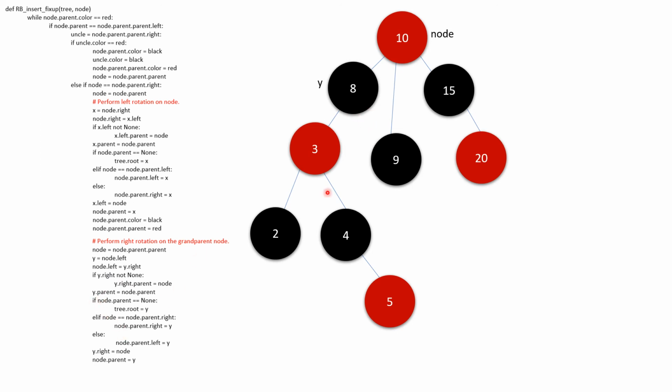Y's parent equals the node's parent. Look, we'll skip that. If the node's parent equals none, which is true, then the tree root equals Y. So this Y now is going to become the root of the tree.